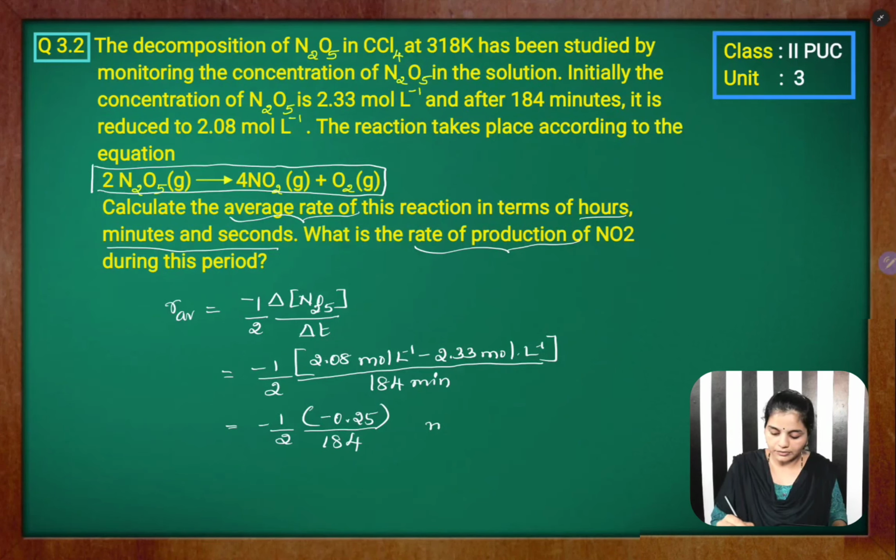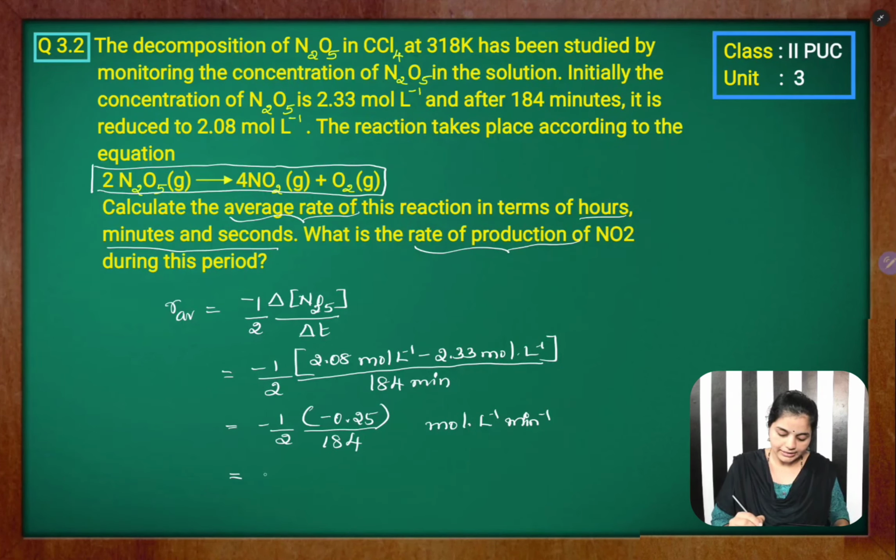So the unit here will become mole per liter. Minute from the numerator will go to denominator, that will become minute inverse. Simplifying this, minus into minus plus 0.25 divided by 2, which is further divided by 184.